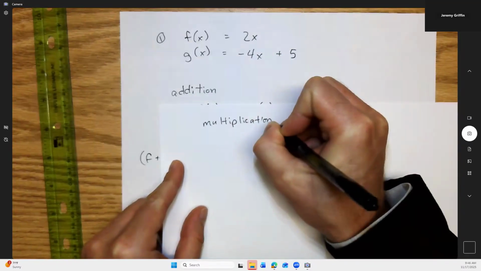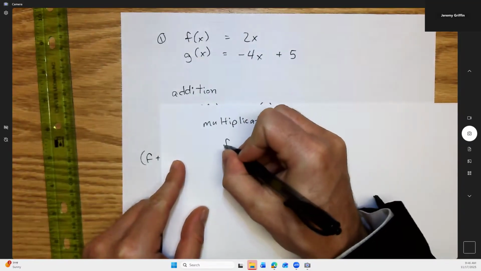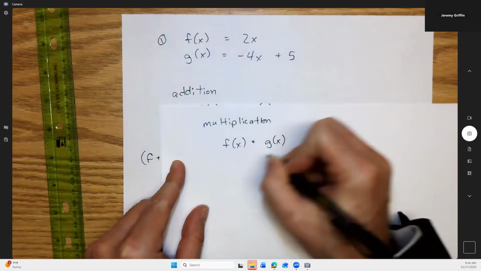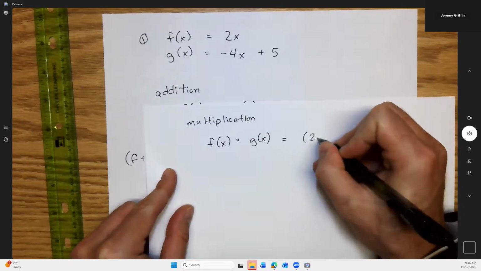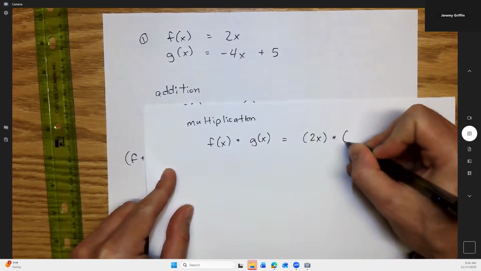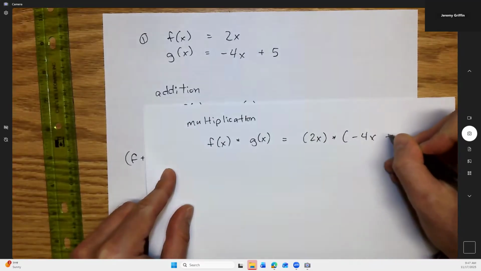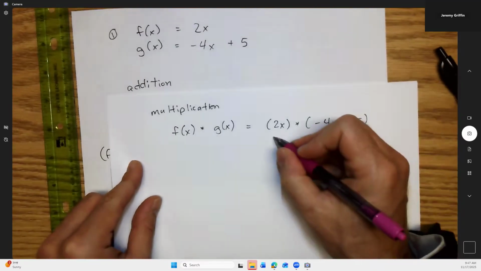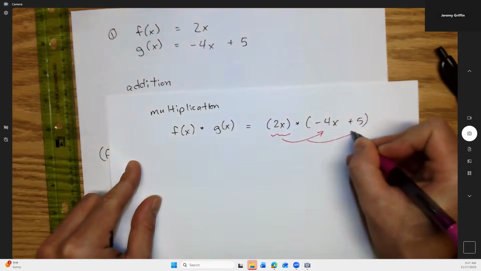Multiplication. So what is f of x times g of x? Well, I know f of x is 2x. I know g of x is negative 4x plus 5. And then I can just distribute. So this distributes into each of these terms.